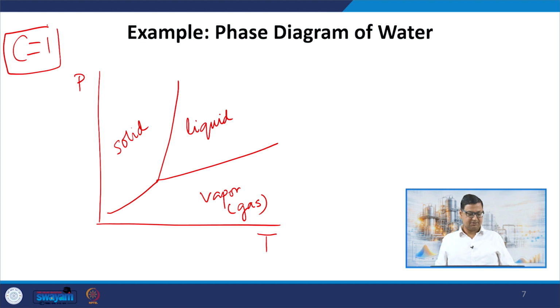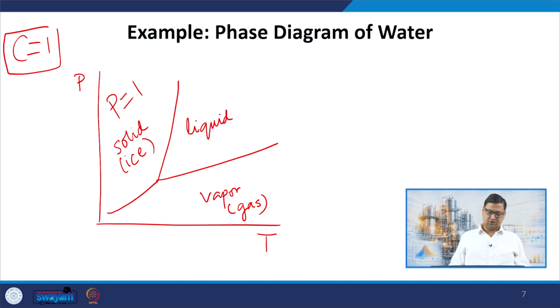Solid forms at lower temperatures and higher pressures, and if I am in the solid phase, that is the ice phase, clearly my P is equal to 1. Liquid forms at higher pressures and also higher temperatures, right. But if temperatures are much higher, then we are going to form a gas phase, right.